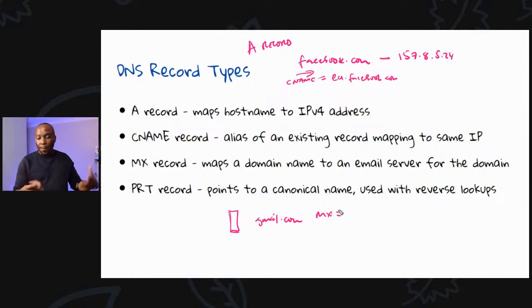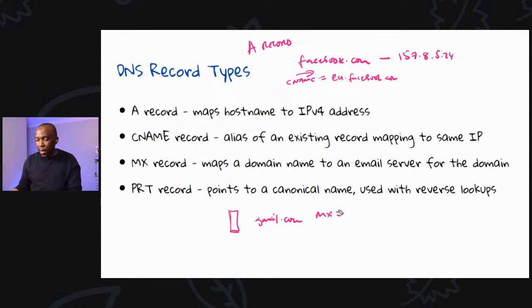So when you're sending emails and you want to find the gmail.com email server, you use the MX records to take you there. So MX records are mainly reserved for Exchange servers. And then the last one is a pointer record. A pointer record is basically used for reverse lookups.